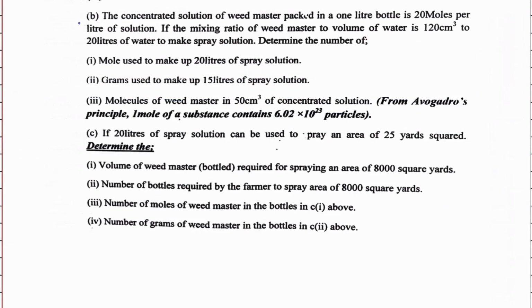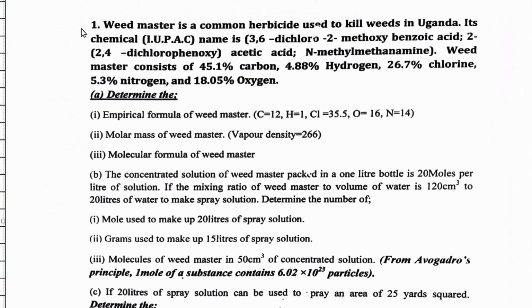As we revised the question, part A is to determine the empirical formula of Weedmaster, and we've been given the compositions by percentage of the elements present in this Weedmaster. We have 45.1% carbon, 4.88% hydrogen, 26.7% chlorine, 5.3% nitrogen, and 18.05% oxygen.